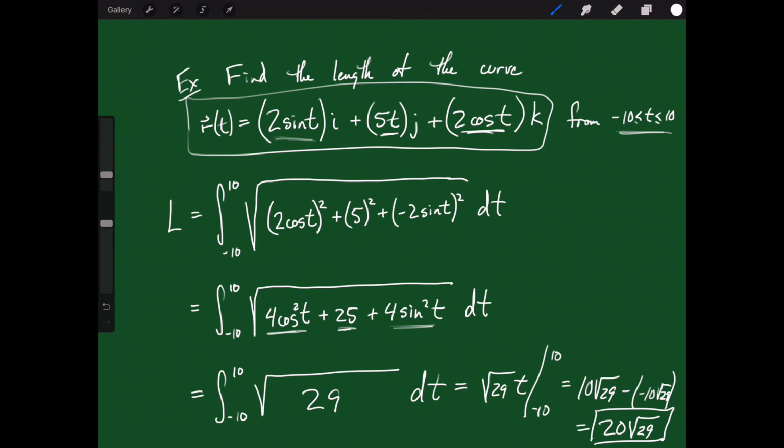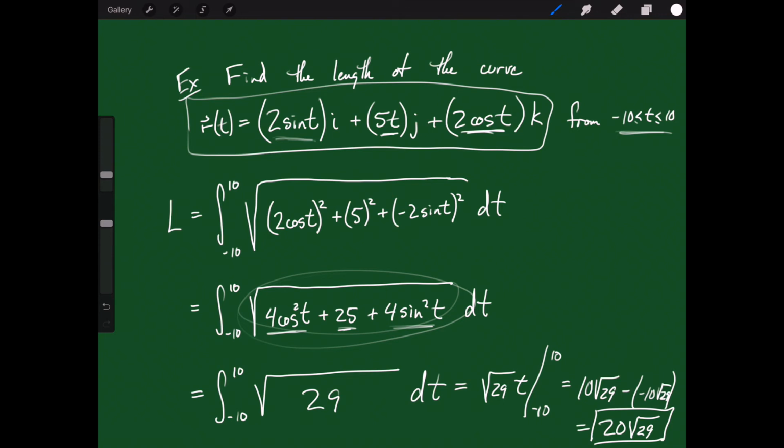The nice thing is that it actually did work out that I could simplify what I had right here. That's not always the case, and maybe we would have to do something a little more difficult in some situations, but we know the general process for finding the length of a three-dimensional curve. That's pretty cool.